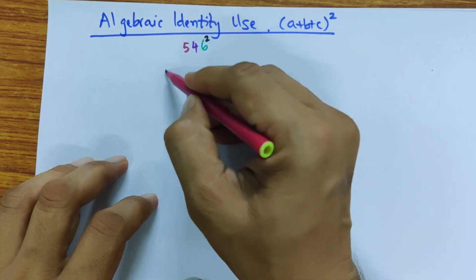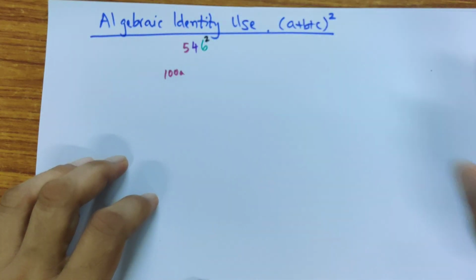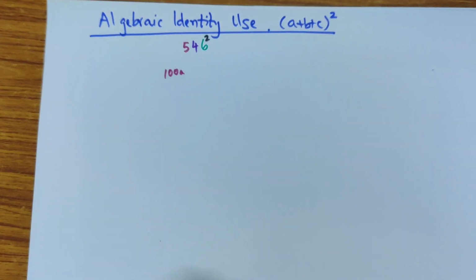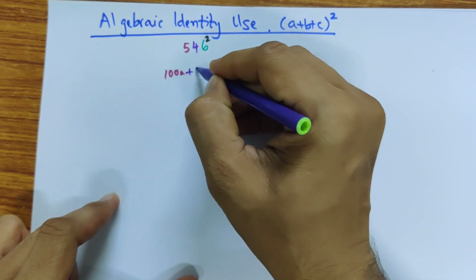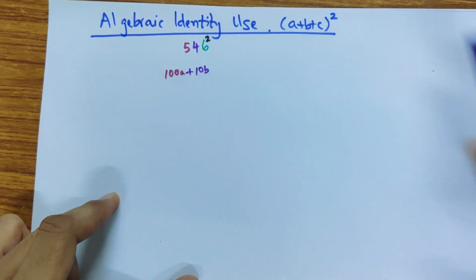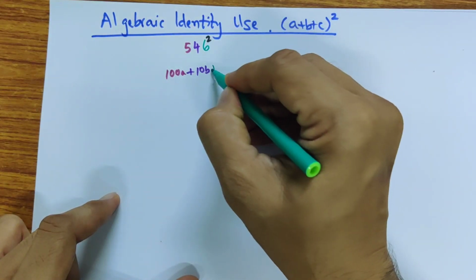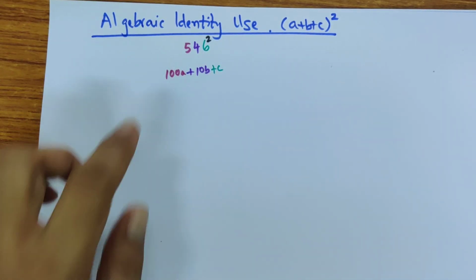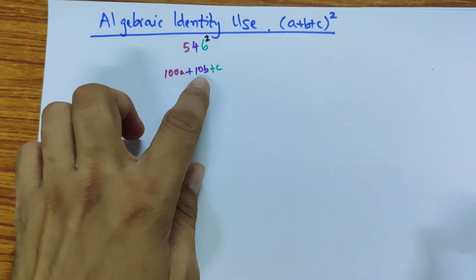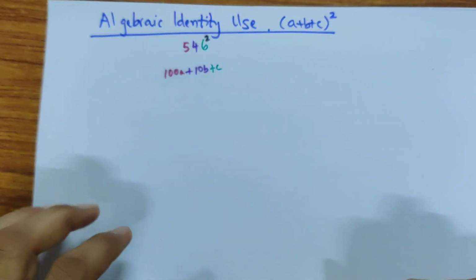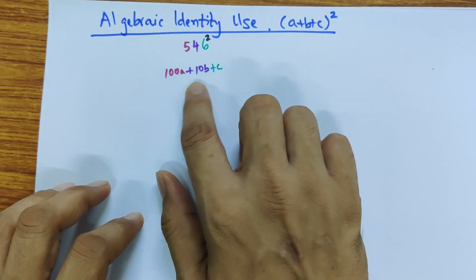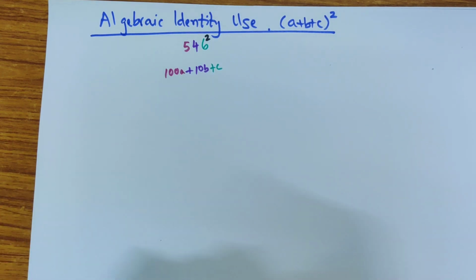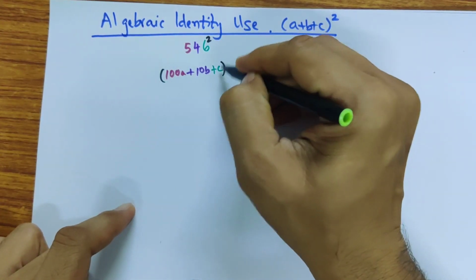So I'm going to write 100A plus 10B plus C. Because I have a 3-digit number, and this is 5 hundreds, 4 tens, and 6, I'm going to write it as 100A plus 10B plus C so that I can see what happens to it. So I want to square this expression.